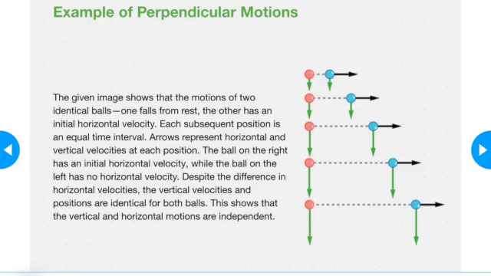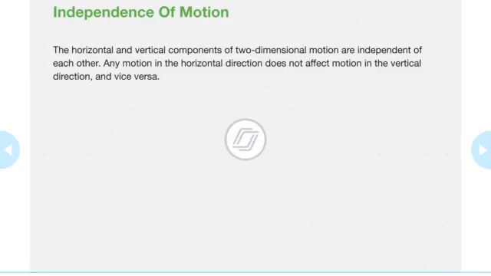So notice all of the black arrows pointing to the right are the same length. So they are remaining constant. Again, those two motions, once again, just like as before, they are independent of each other. Horizontal direction does not affect vertical and vice versa.